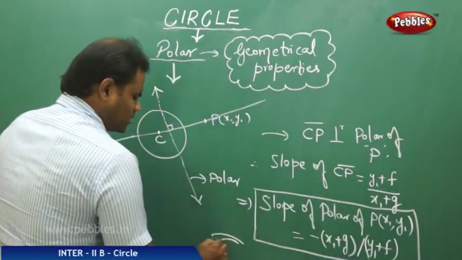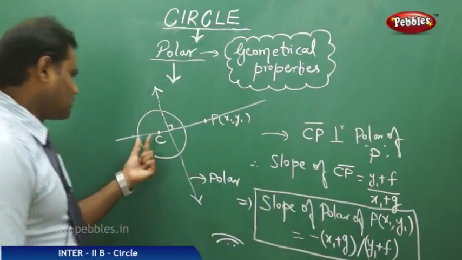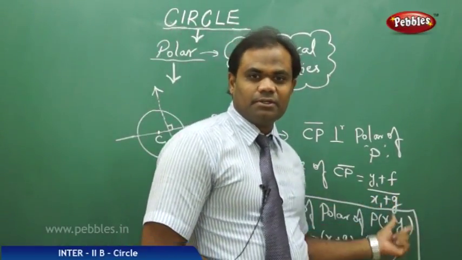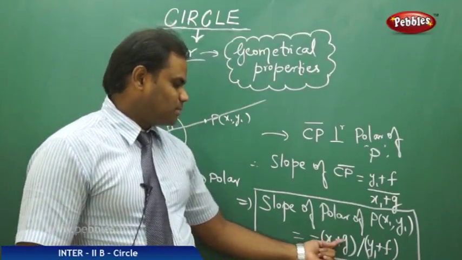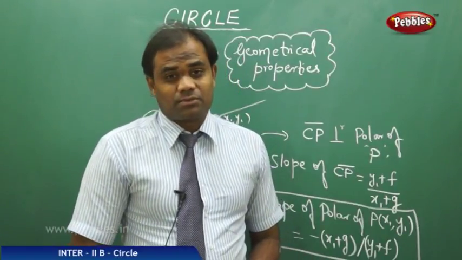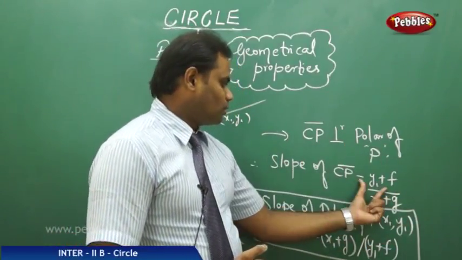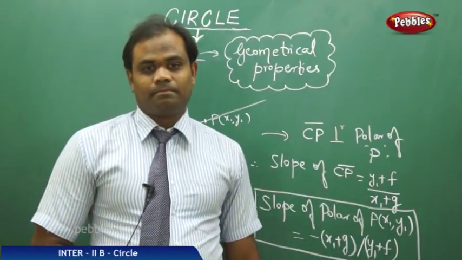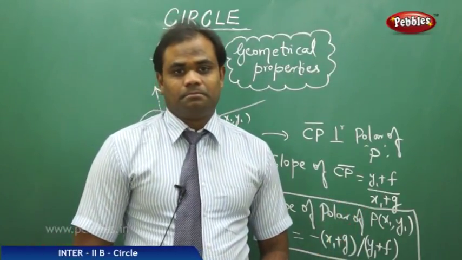So the geometrical property has led to the result that when the slope of the line CP, from the center of the circle to the pole, is (y1 + f)/(x1 + g), then the slope of the polar of P is given by -(x1 + g)/(y1 + f), because the product of slopes is -1 when the two lines are perpendicular, and therefore this slope is the negative reciprocal of the given slope. The slope of the polar of P is the formula derived here.